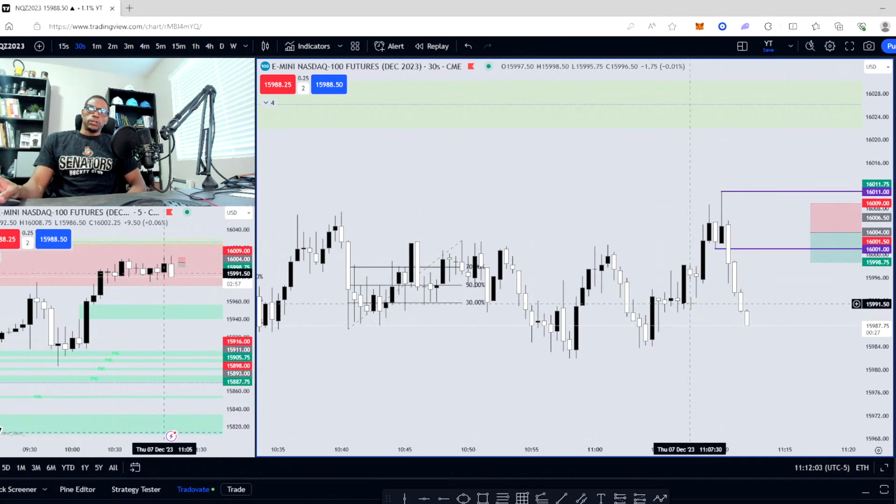Even though we've had several lows swept, we're still bullish. We're still looking for longs, waiting for 16,011 to be taken.